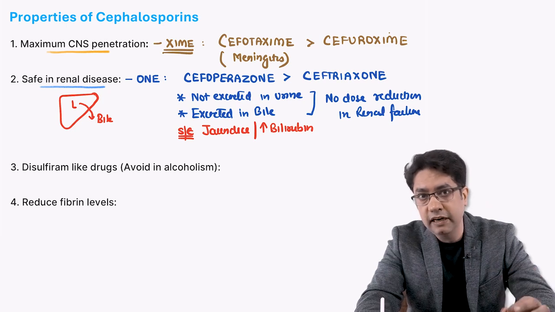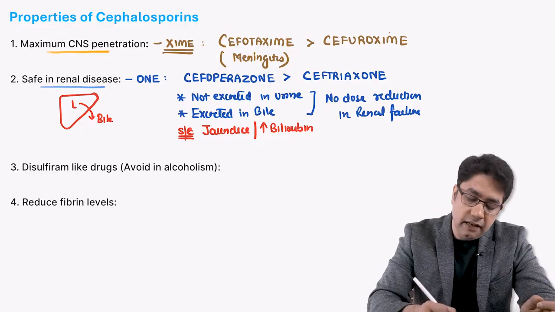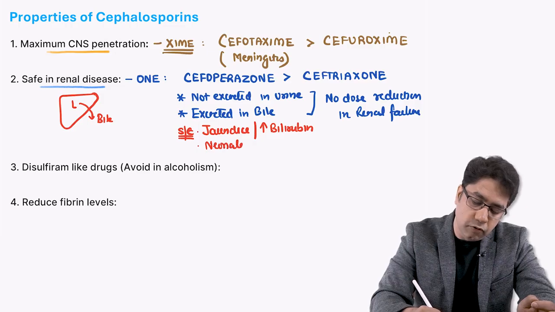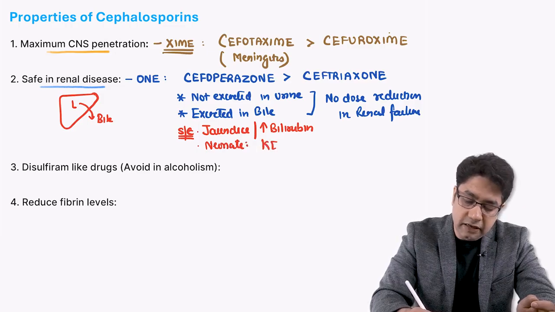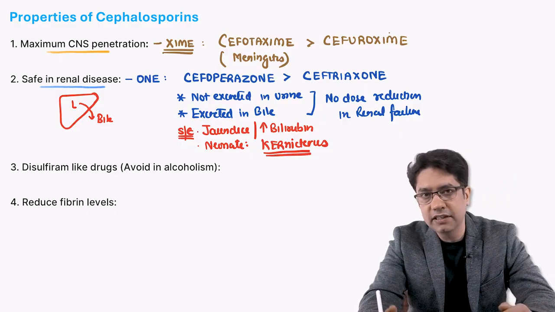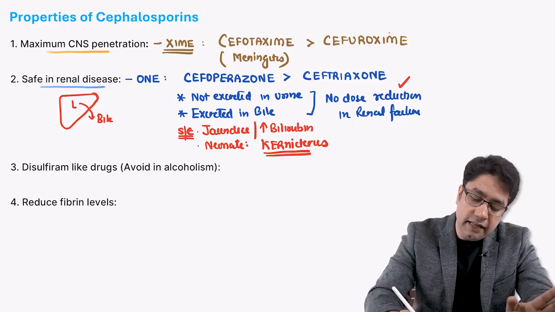And in neonate or a small child, remember, if bilirubin level gets increased in neonate, it damages brain. They can increase the risk of kernicterus. So can we say they must be given in renal disease, but avoid them in liver disease?